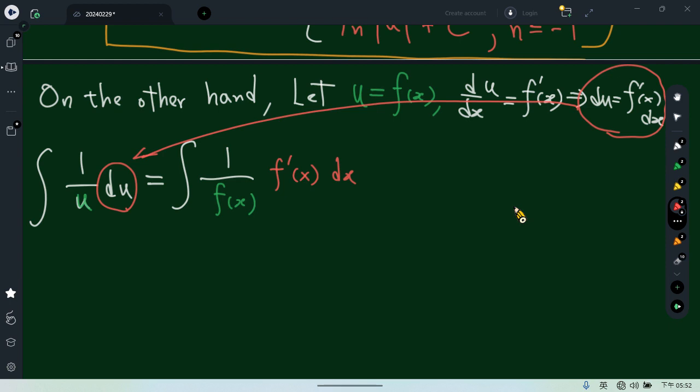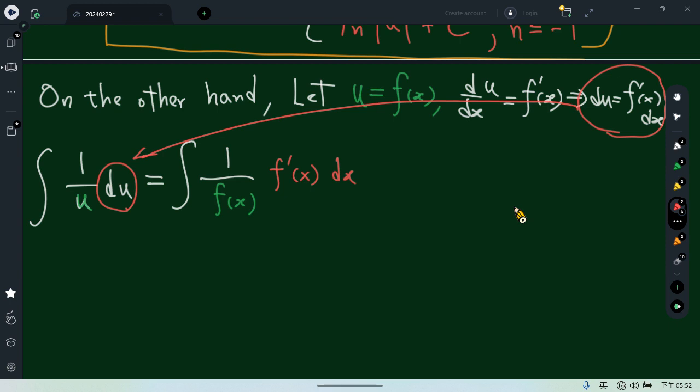So when we replace u with f of x, then we can try to calculate du over dx. Then based on it's a differential, we can move dx to the right hand side. Then we can replace u: 1 over u becomes 1 over f of x. Then du will become f prime x times dx.